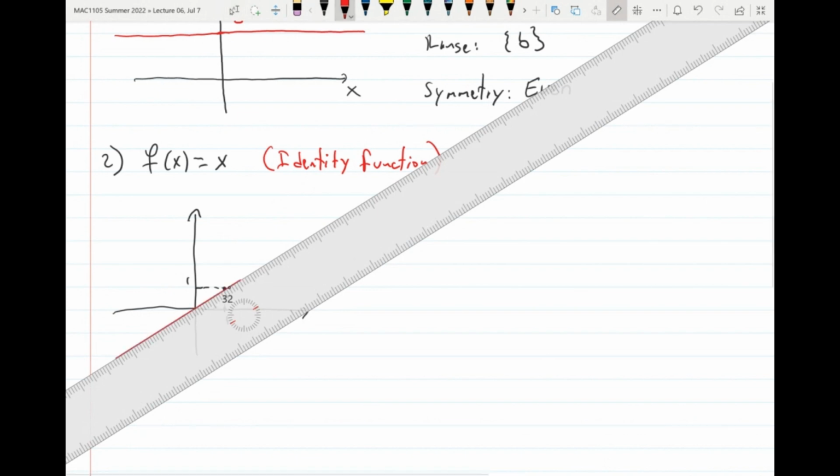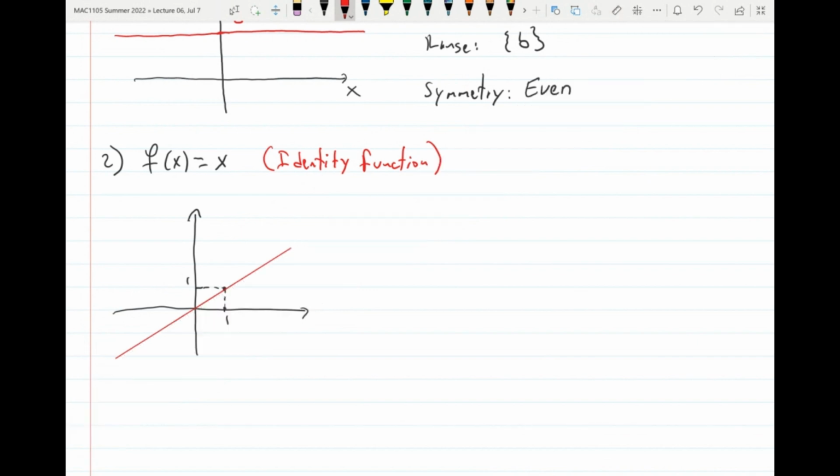So every time you draw a picture, you need to provide points so that we know what we're talking about. If I tell you this is the point 1, 1 and it goes to the point 0, 0, that's it. There's only one line that does this, the line y equals x, even if this is not 45 degrees, which it should be. But then you have to have precisely the same scale here, here, and all that.